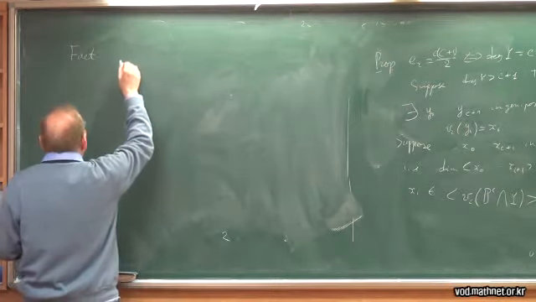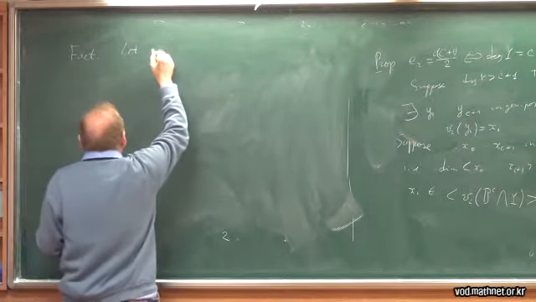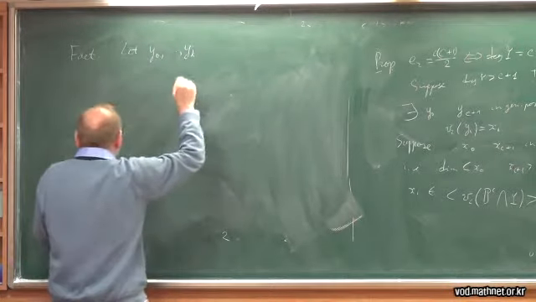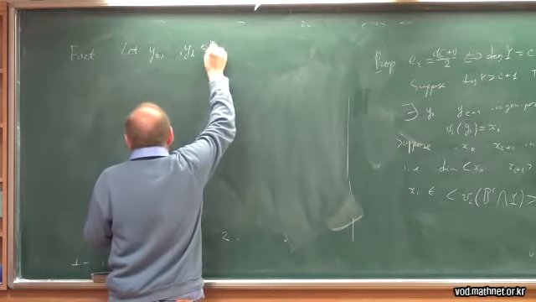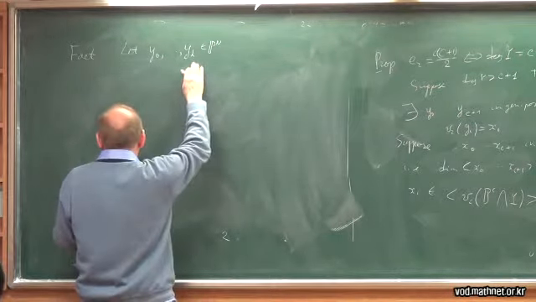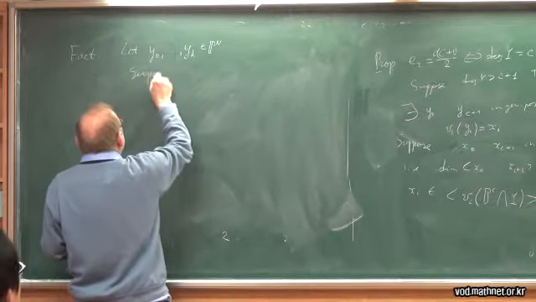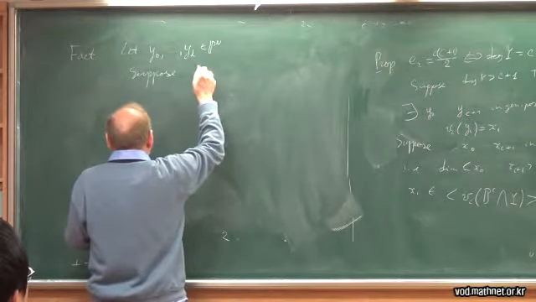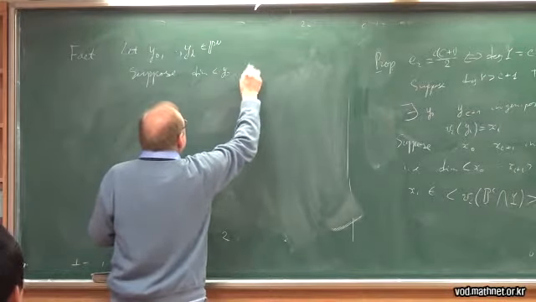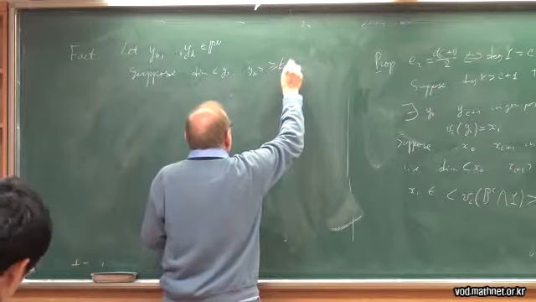Forget everything. So let us take some points in P n, k plus 1 points in P n. And suppose that the dimension of the linear span satisfies this inequality.